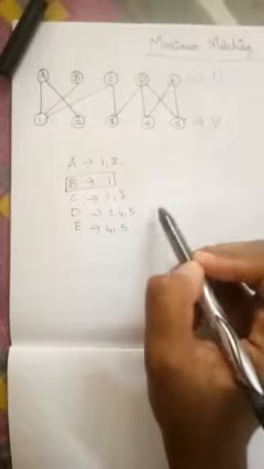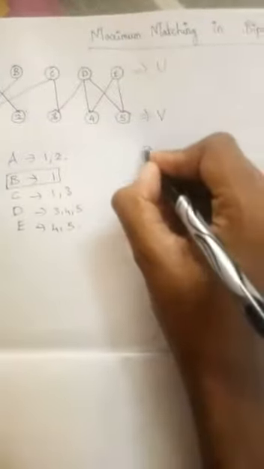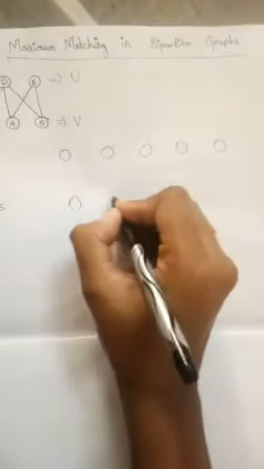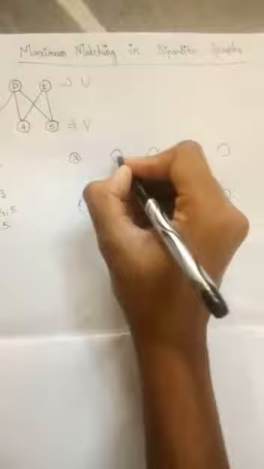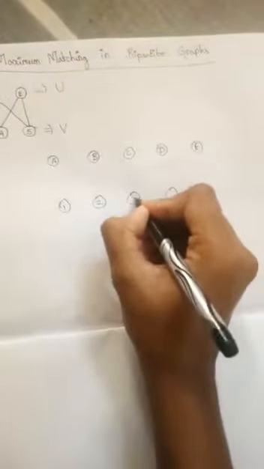From my observations, I am redrawing my graph, again redrawing the vertices first. From this, I observe that B to 1 is the perfect match. So I am finalizing it.